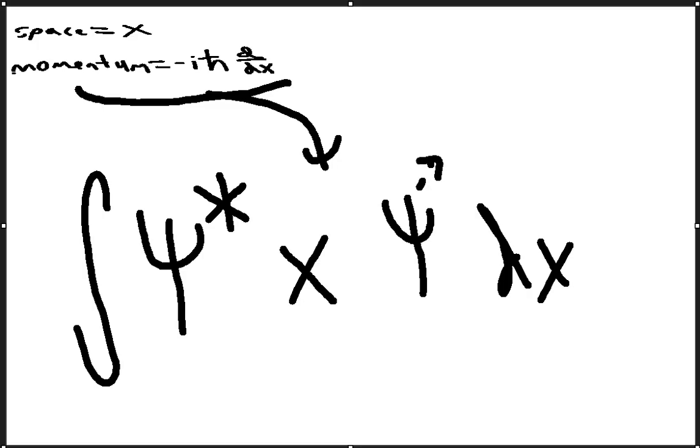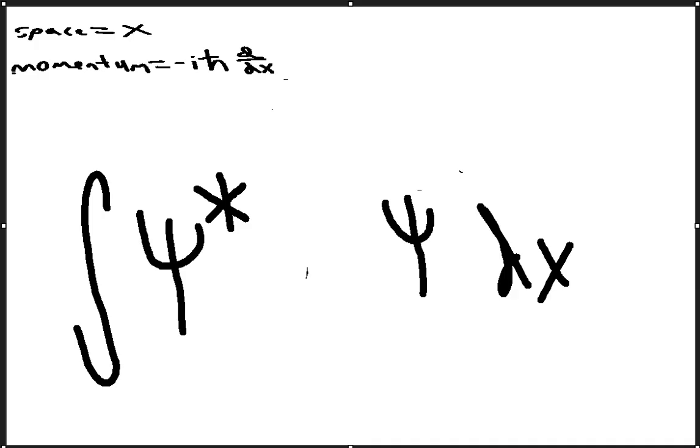Say psi is equal to x squared minus i or whatever. You probably don't need me to do this for you. You just take this and put it in. And in the case of the momentum operator, which we're using for wave mechanics, this is going to be negative i h bar times the derivative.